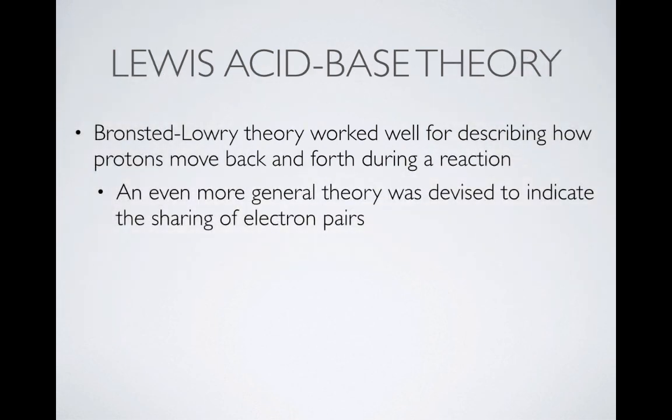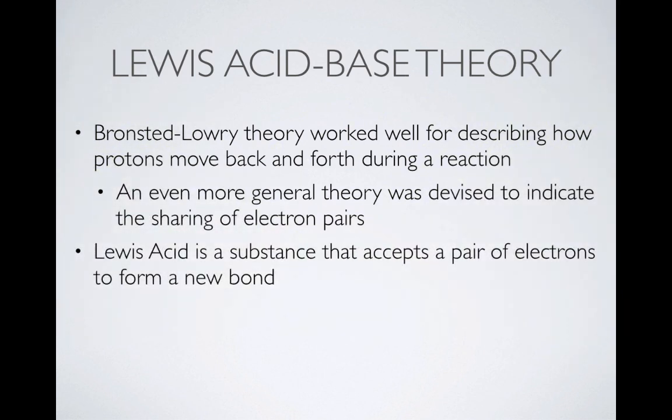So an even more general theory was devised to show how the sharing of electron pairs can give us an acidic or basic situation. So it came up with the Lewis acid-base theory, and this is the same Lewis that created Lewis dot diagrams.